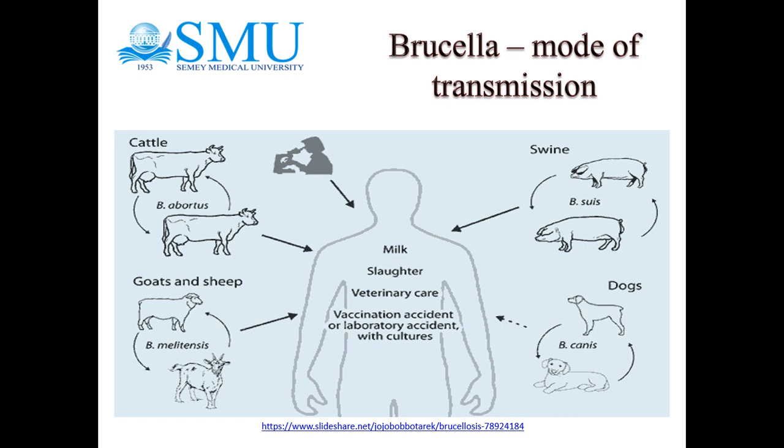Airborne transmission occurs by inhalation of dust or aerosols in infected cowsheds or slaughterhouses. Veterinary care, vaccination accidents and laboratory accidents with cultures are also routes. These are the modes of transmission.